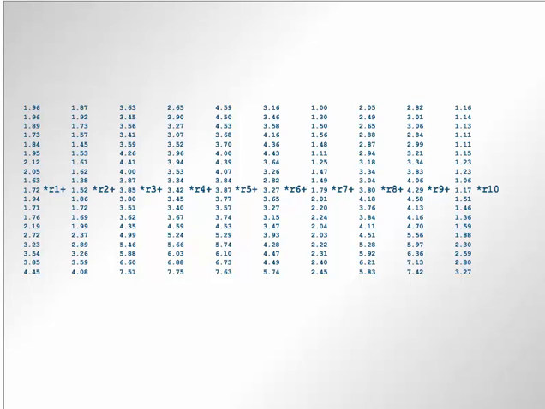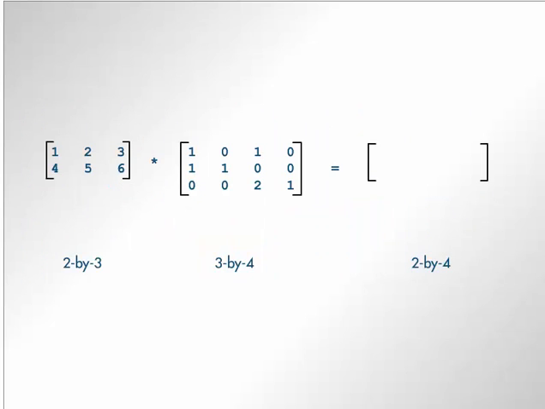Before attempting to calculate the weighted average, you should have a firm understanding of matrix multiplication. Remember that, in mathematics, to multiply two matrices together, the number of columns of the first matrix must equal the number of rows of the second matrix.